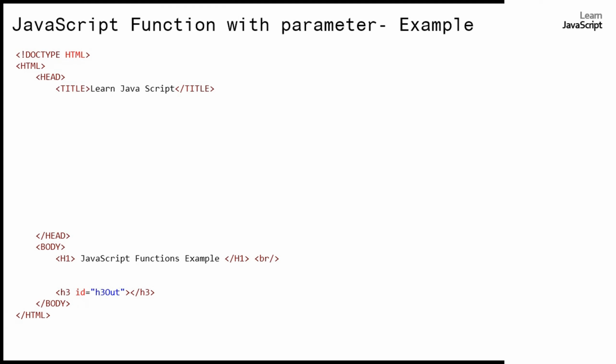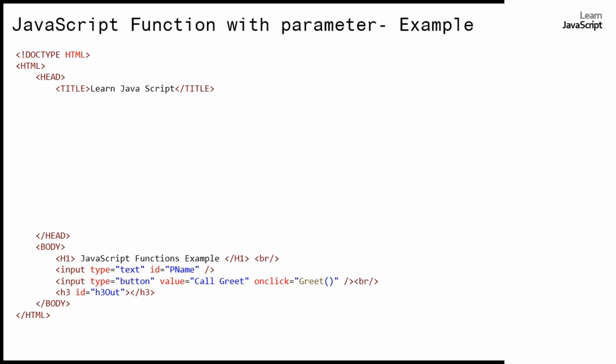Now let us look at an example. So here if you see in the HTML we have an h3 control to output something in the browser. Then we have two input types. One is the text input and the ID for that is pname. So this is where you will type your name.